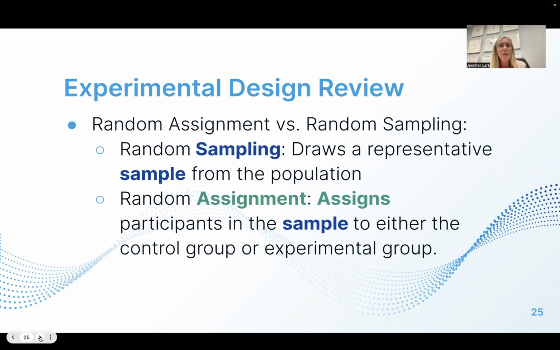Once we have them in our study, now we talk about randomly assigning them either to the experimental group or the control group. And specifically, we engage in random assignment to decrease the likelihood that experimenter bias or any other confounding variable is going to influence the measure that we're looking for, that dependent variable measure.